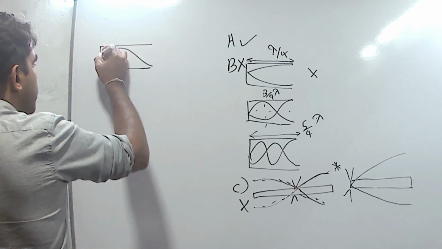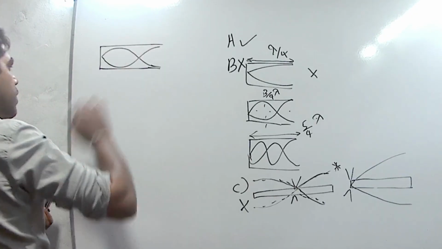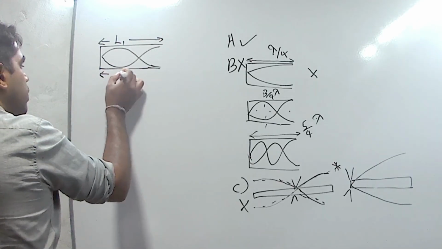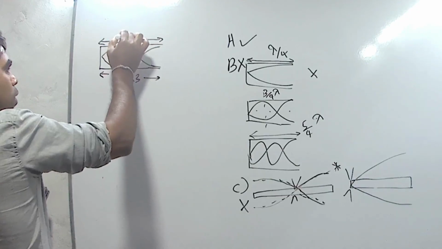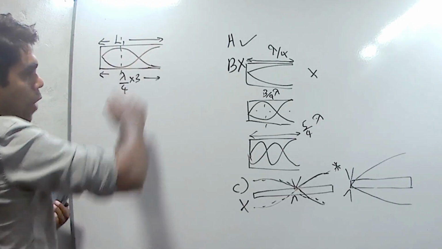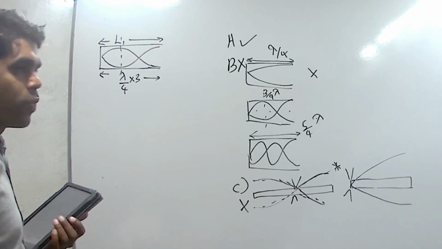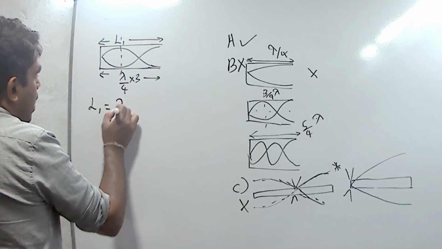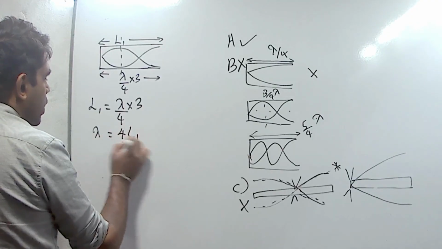We can get the first overtone like this. Then the length of the tube equals lambda over 4 times 3. We know that 1/4 of wavelength is a half loop. There are 3 half loops. Then we can write L1 equals lambda over 4 times 3. Lambda equals 4L1 over 3.